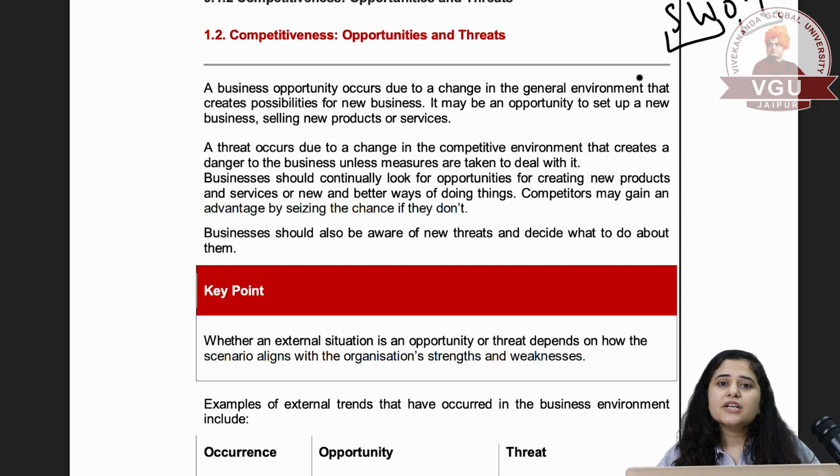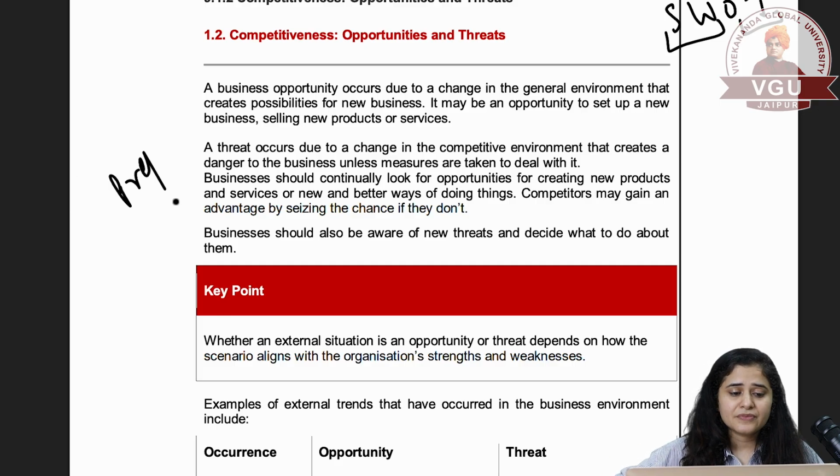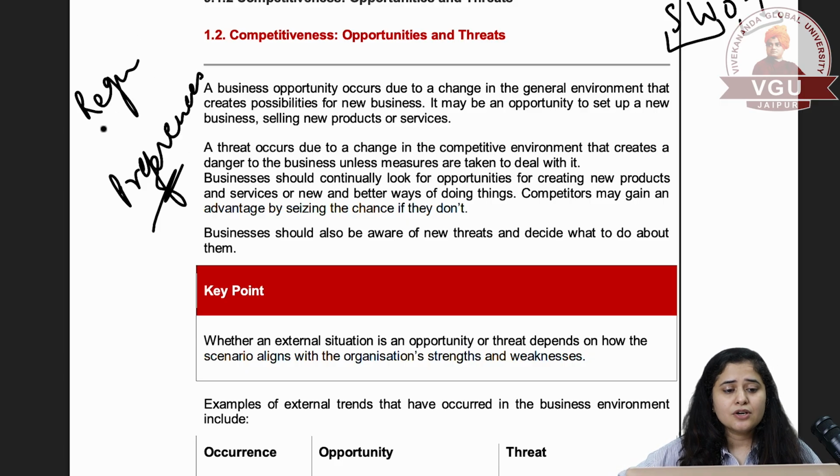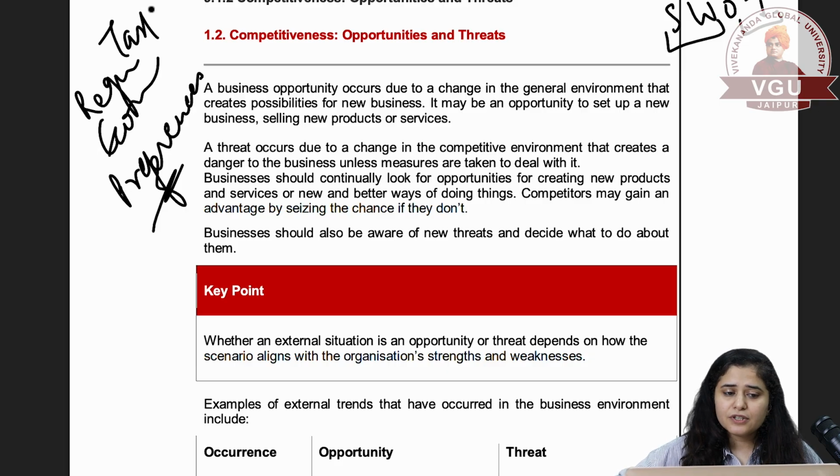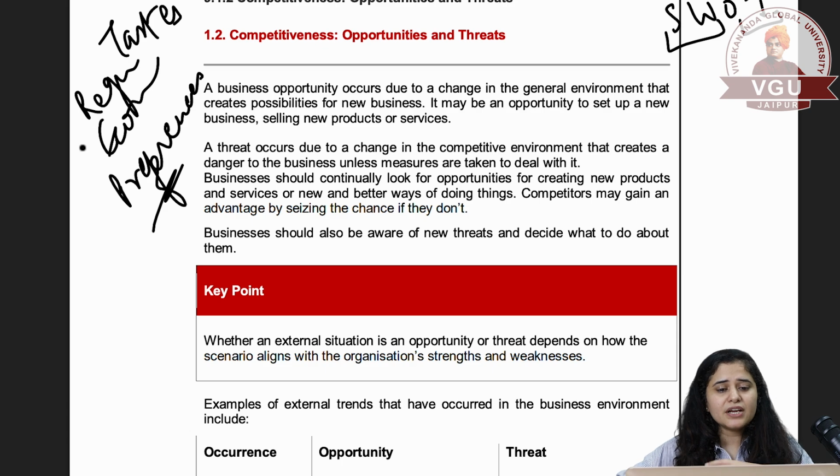There may be a change in technology, or in preferences, or regulatory changes, or the economy is changing, or the tastes of the customers are changing. So we understand what opportunities are there, or maybe there is some possibility to create a new business.